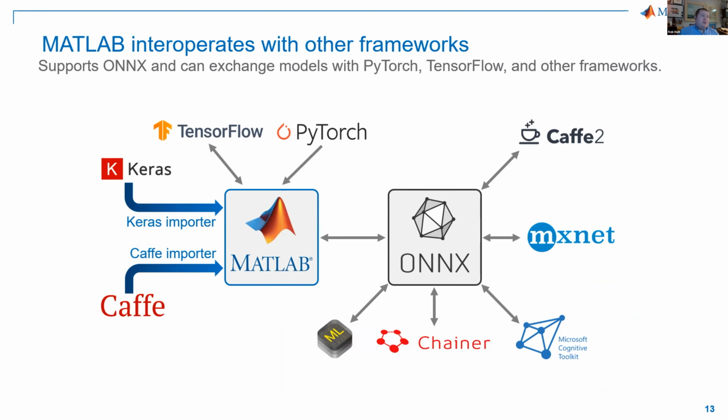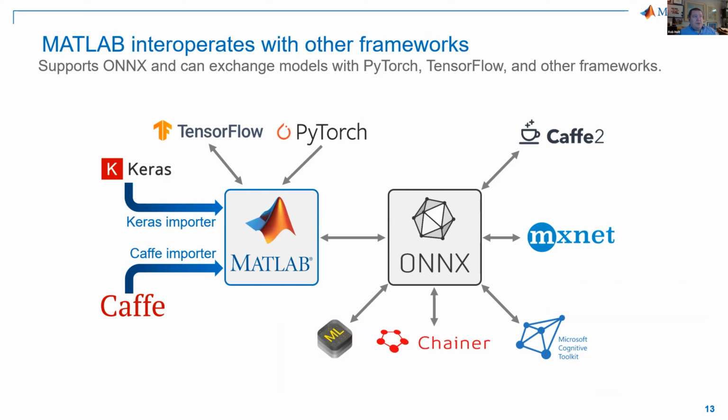One really cool feature is that MATLAB also interoperates with other frameworks. So you can call MATLAB from Python, you can call Python from MATLAB, but you can also take deep neural networks and other kinds of networks that were trained elsewhere and import them into MATLAB.